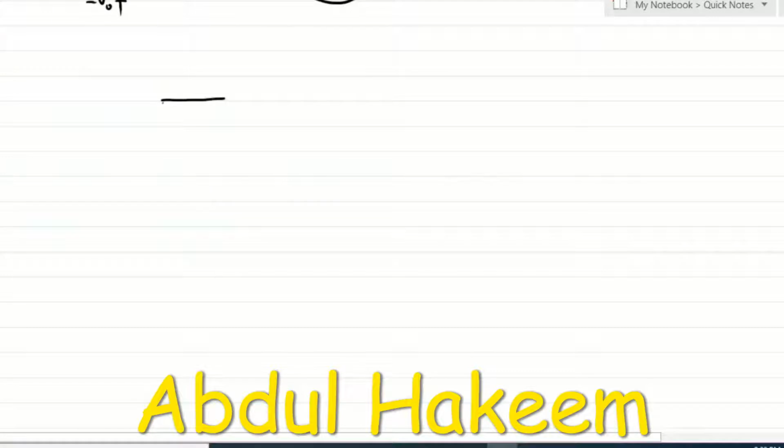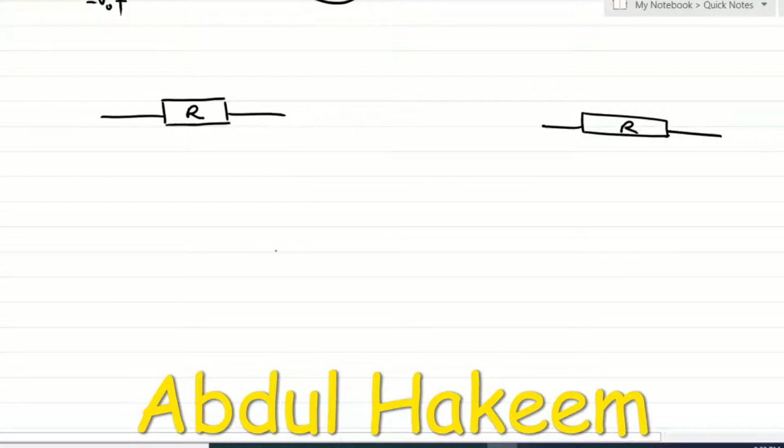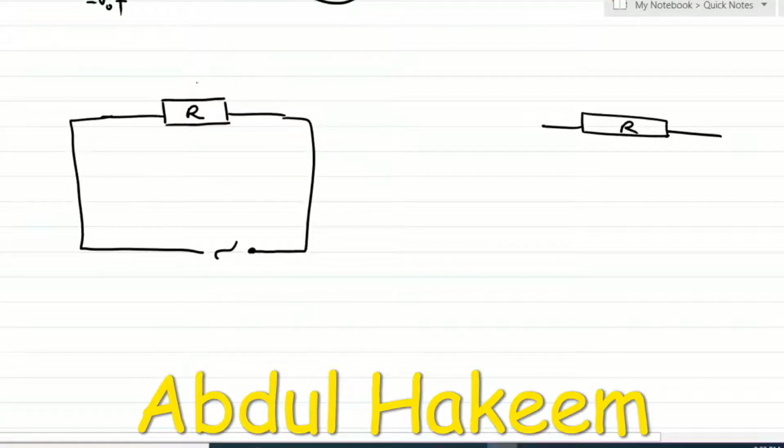Now again, we take two identical resistors, this resistor R and this resistor is also R. This is connected with an alternating voltage supply, and its potential is suppose 100 volt.